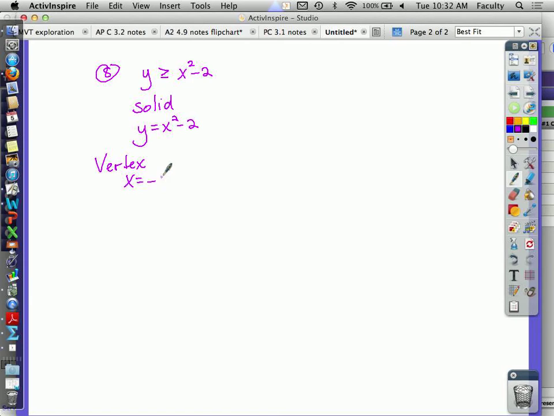To do the vertex, what do you know about B? It's 0, so there's really no work to do. You don't even want to make it negative 0 over 2 times negative 1. If there is no B, the x is 0. So then y is 0 squared minus 2. So the vertex is 0, negative 2.